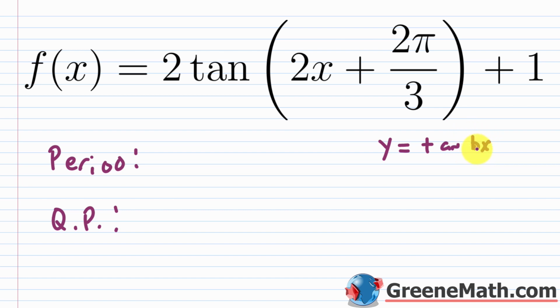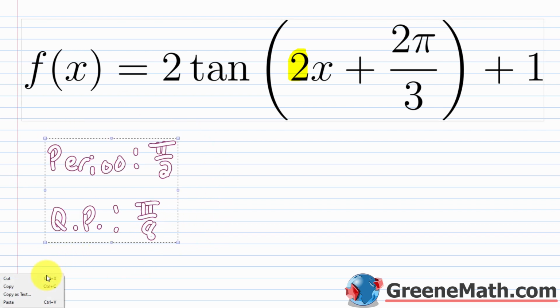So you're just dividing by whatever the coefficient of x is. So here, we have a coefficient of x that's 2, so the period is pi over 2, and then the quarter period is pi over 2 times a fourth, so that's going to be pi over 8. So this is pi over 8.